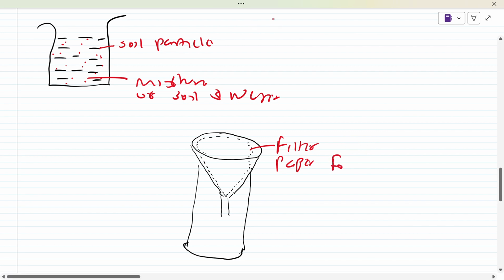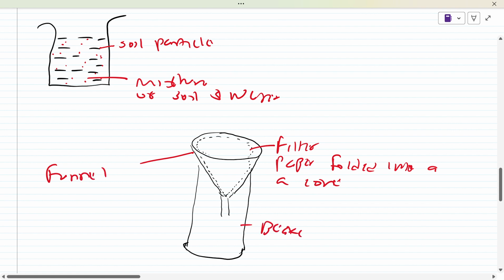The outer part will be my funnel, which can be a plastic funnel. Then I have my beaker. This is where I'm going to take this whole mixture and pour it through here.